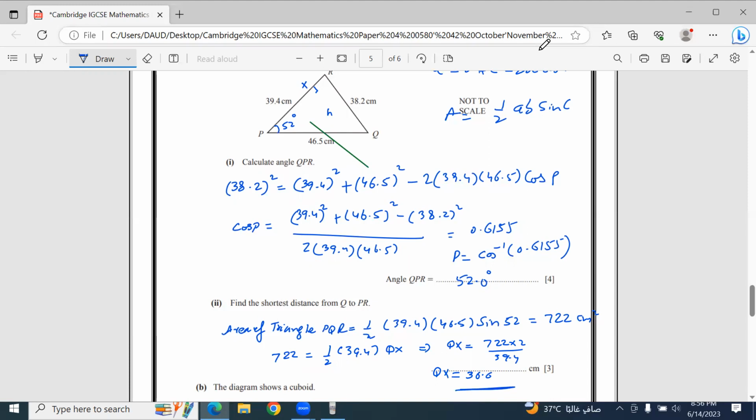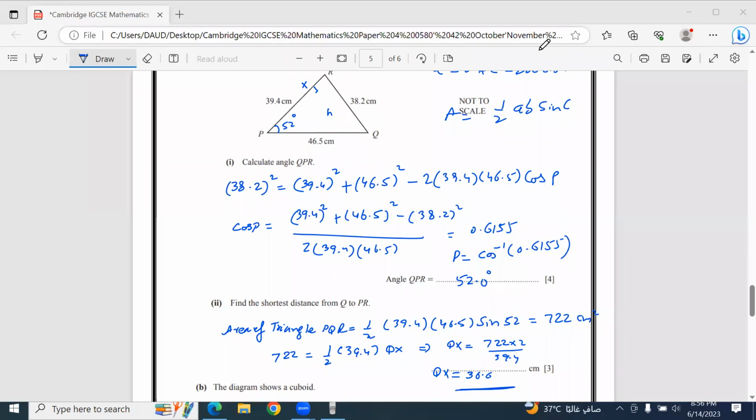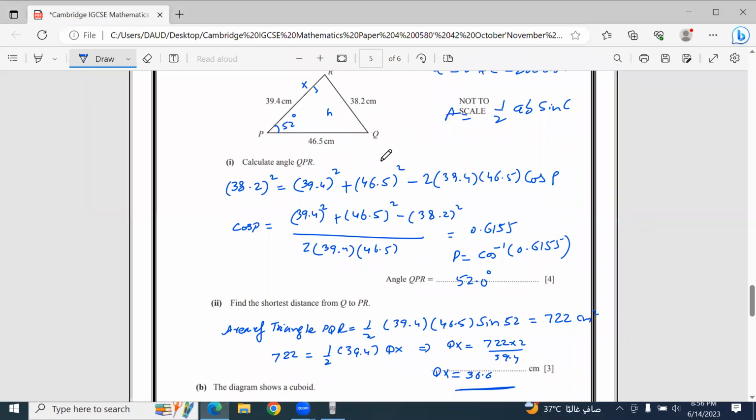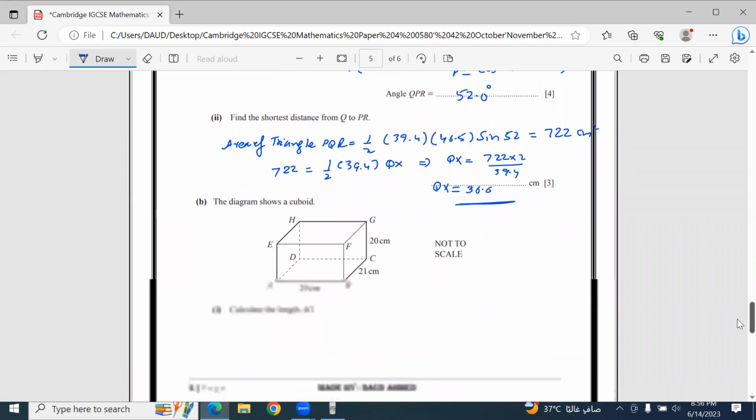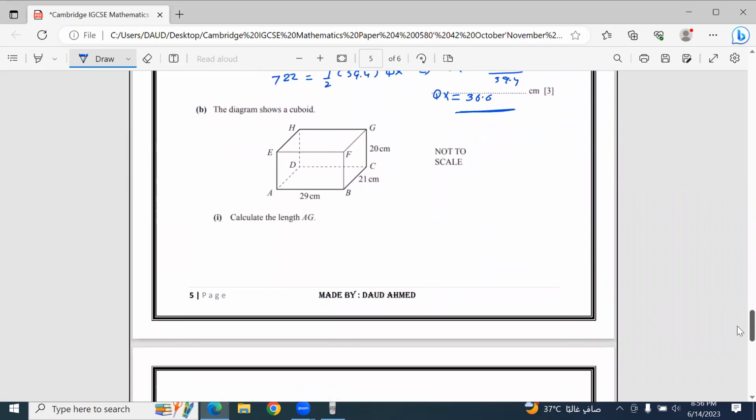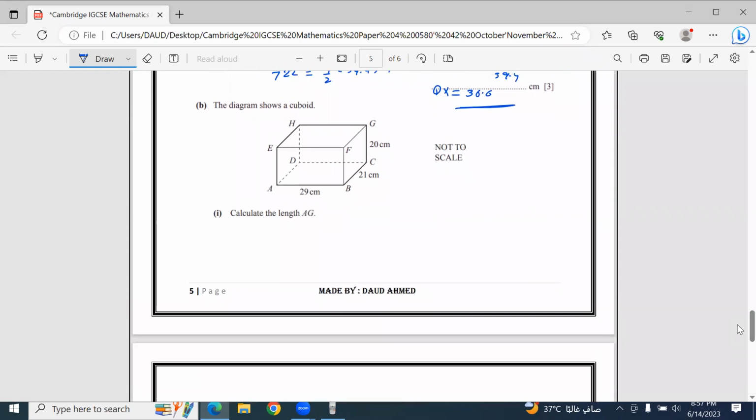Next, we can clear the drawing and move on to the last part, I hope. Here we have a cuboid, and they want us to calculate the length AG. But before moving on to AG, we have to find AC.